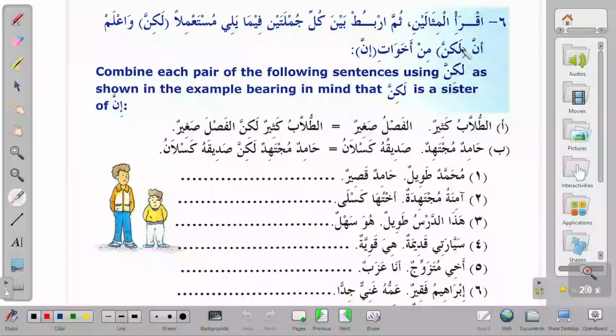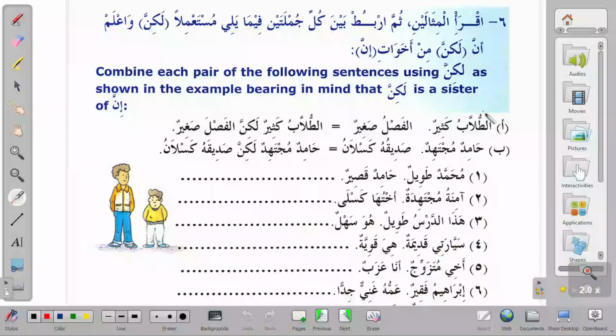Lakinna is always used when you are making a statement, but you are trying to make an exception. So you say something, but something other thing. That's what I mean by lakinna. Lakinna simply means but.